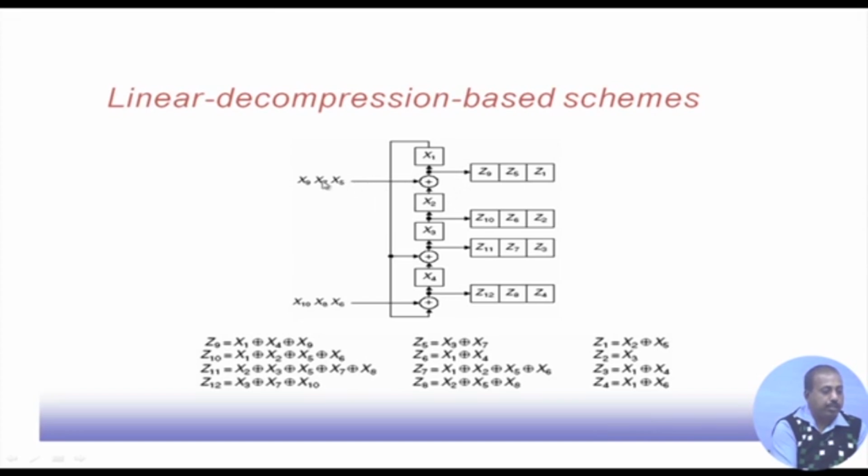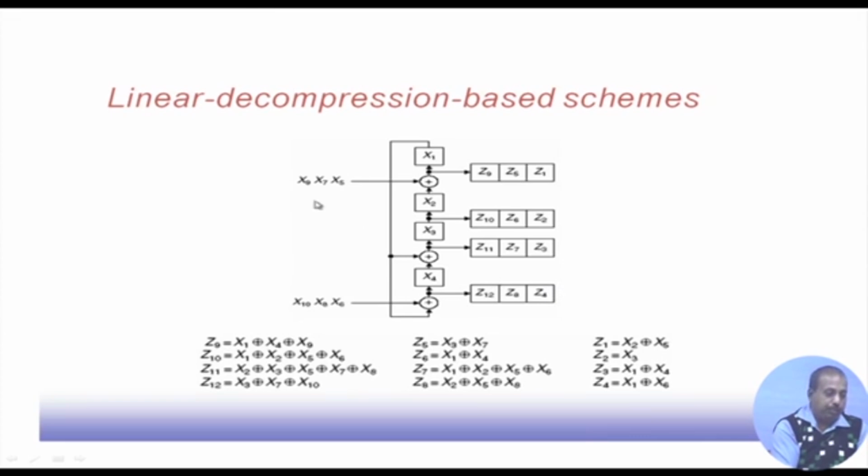This x5, x7, x9 are actually fed in sequence. Initially, these values x1, x2, x3, x4 are loaded into these flip flops, and then x5 and x6 are fed in the first cycle. They are added by these XOR gates, and accordingly the outputs Z1, Z2, Z3, Z4 are computed.